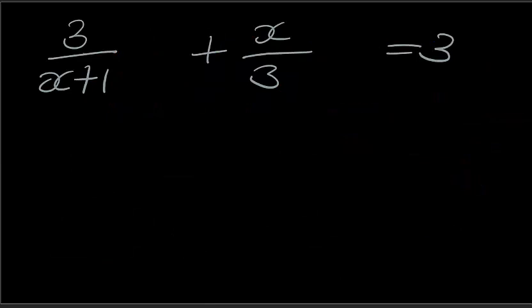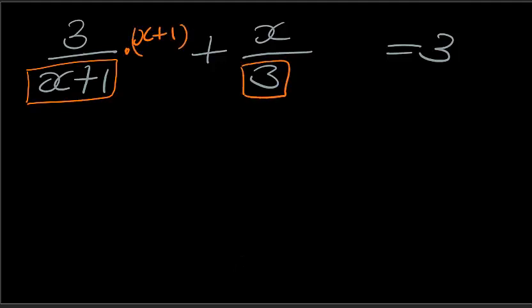On the next page we have 3 over x plus 1 plus x over 3 is equal to 3. Okay, so our LCD, lowest common denominator, is x plus 1 and 3.